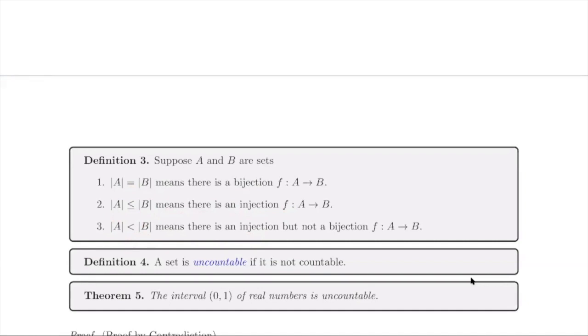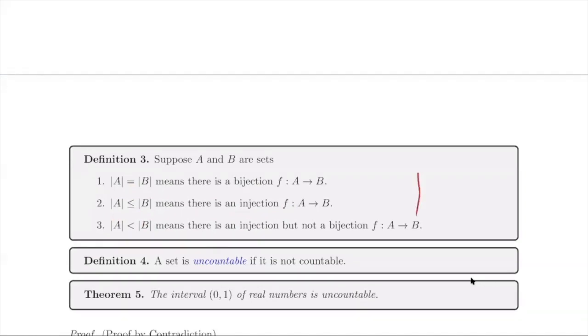For example, I guess we can't claim that yet, but we'll see that the cardinality of the natural numbers is less than the cardinality of the real numbers. We certainly have an injection from the natural numbers into the real numbers, the identity.